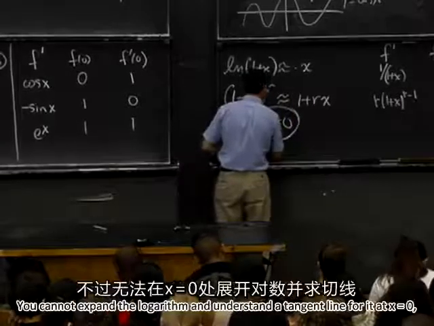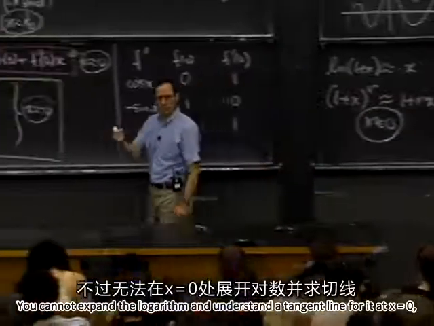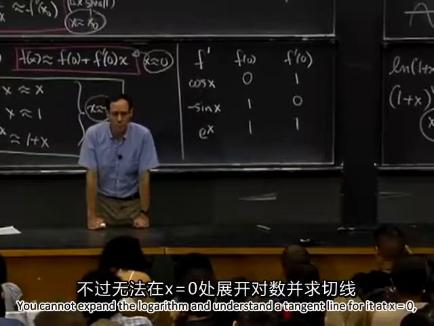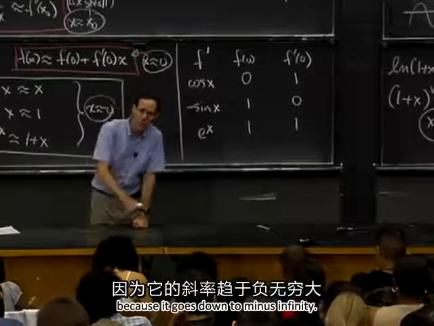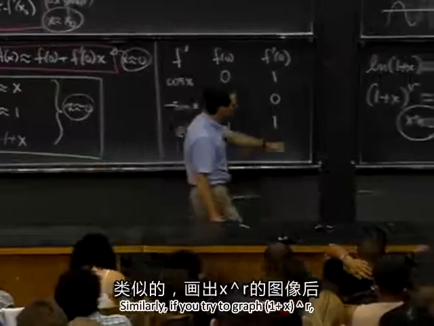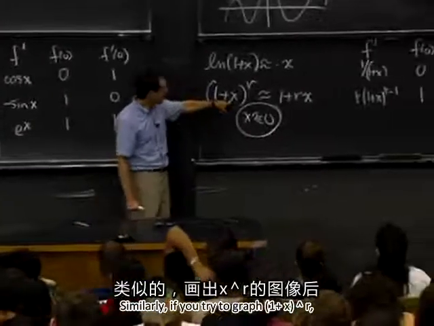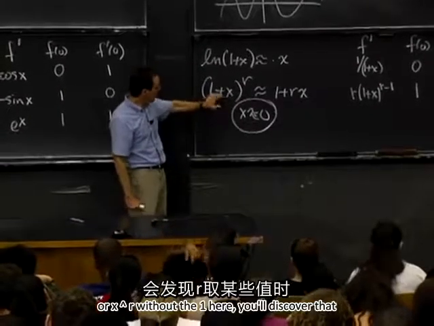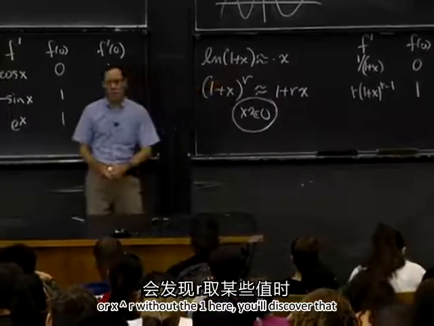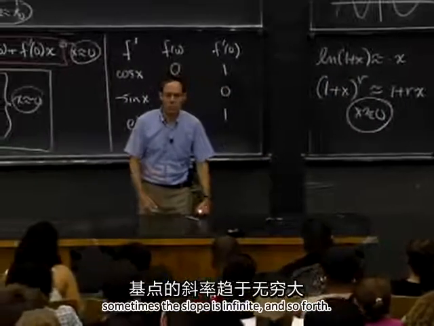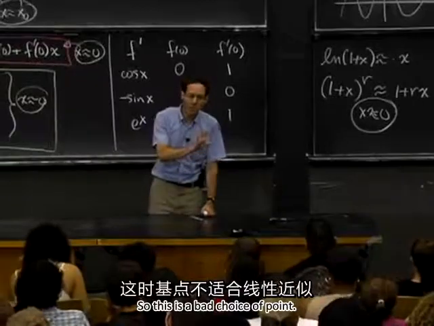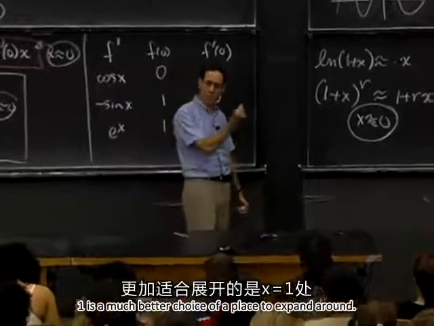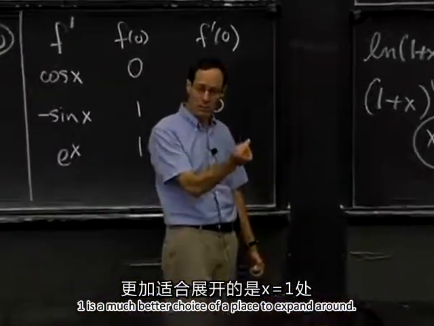You cannot expand a logarithm and understand a tangent line for it at x equals 0 because it goes down to minus infinity. Similarly, if you try to graph 1 plus x to the r, or x to the r without the 1 here, you'll discover that sometimes the slope is infinite and so forth. So this is a bad choice of point. 1 is a much better choice of a place to expand around.